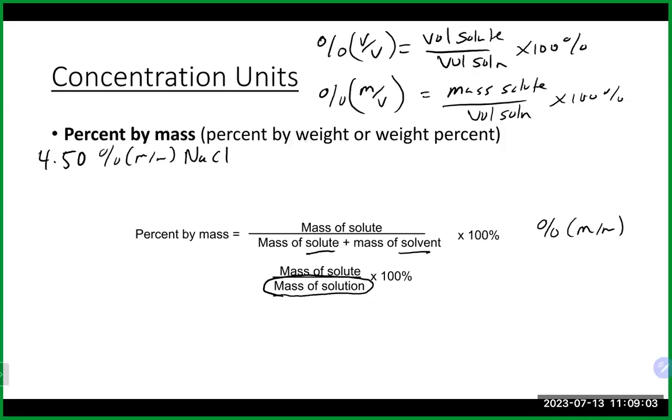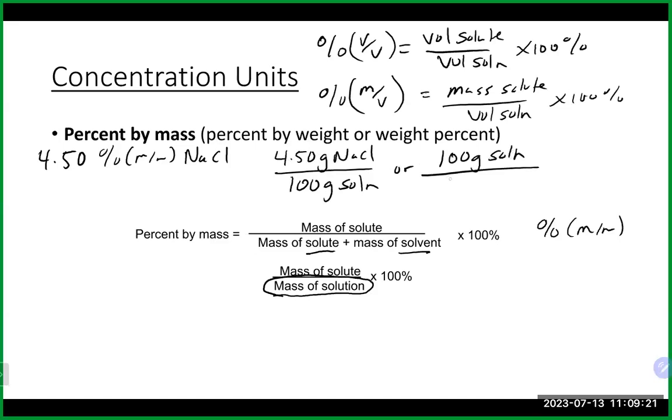What that basically means, like normal, if I have a percentage, you could assume 100, which keeps all the numbers the same. That would mean that you have 4.50 grams of sodium chloride and 100 grams of solution. Or if you needed to, you could flip it around. 100 grams of solution is 4.50 grams of sodium chloride.